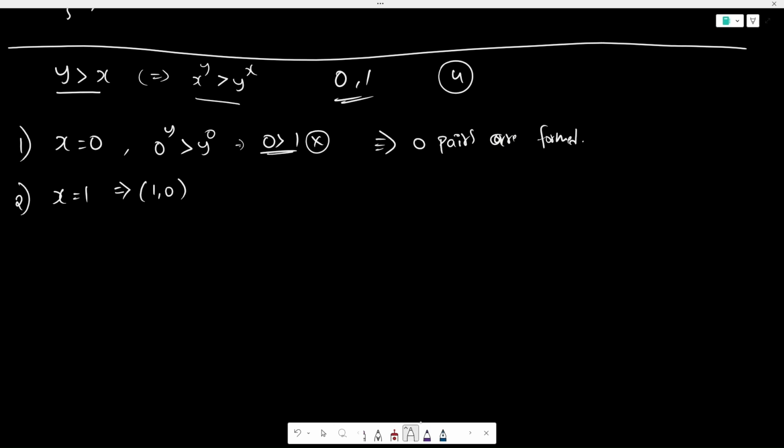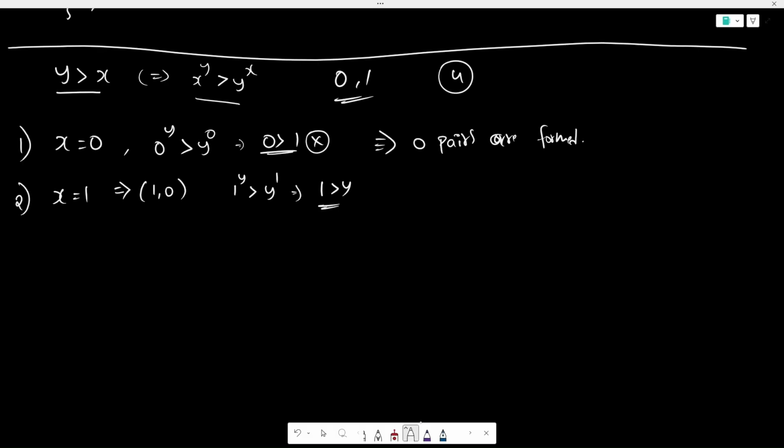Okay, let's substitute x equal to 1 in this formula. What happens? 1 power y is greater than y power 1. So 1 power anything is 1, which is greater than y. So here 1 is greater than y.